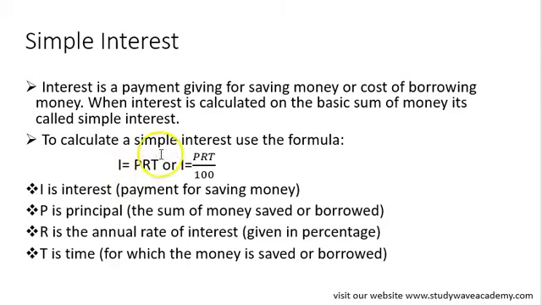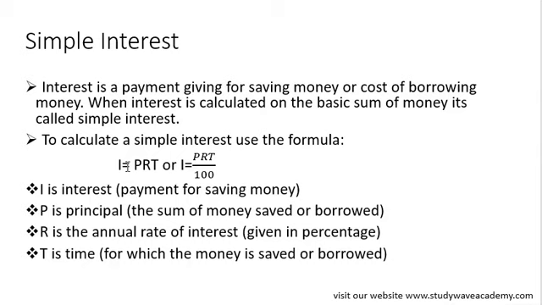This is the formula: I equals PRT, or I equals PRT over 100. What do these letters stand for? I stands for the interest, the payment for saving money.